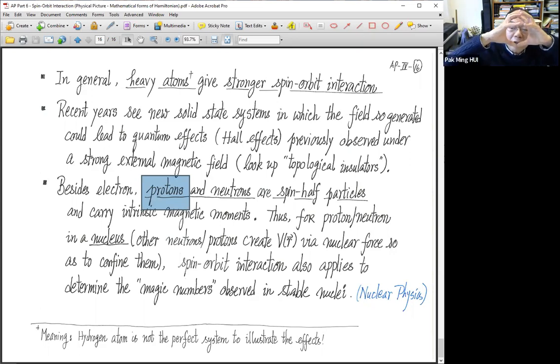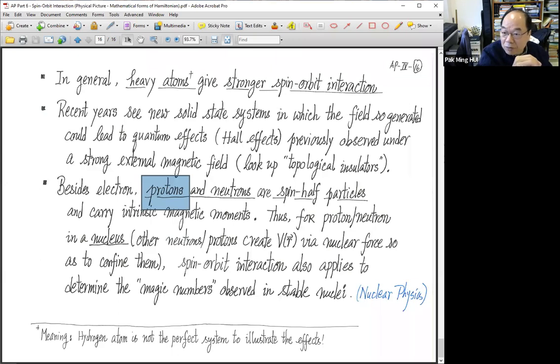It is confined to live in a tiny place called the nucleus, 10 to the minus 15 meter big, a sphere. Of course, the proton motion is inside the nuclear force, the potential energy profile provided by all the other protons and neutrons. So there will be an internal magnetic field generated acting on the proton's own spin half.